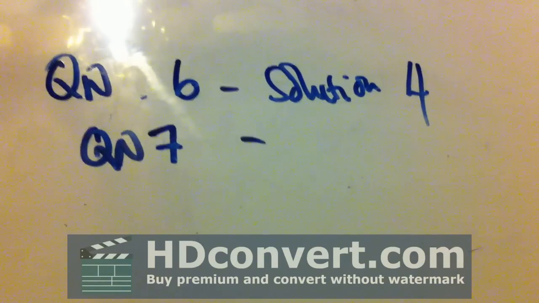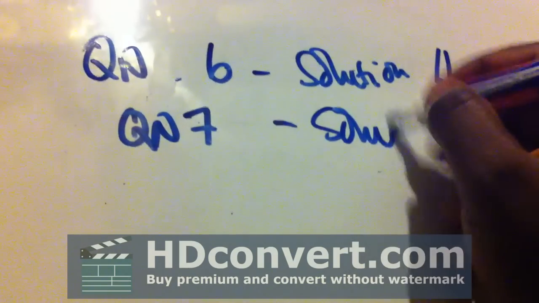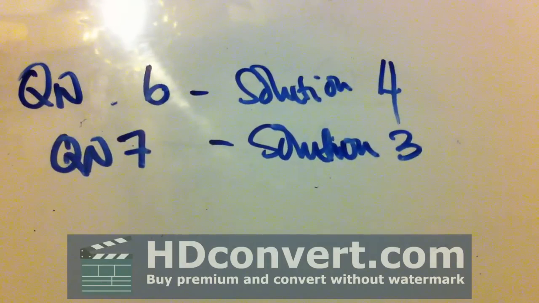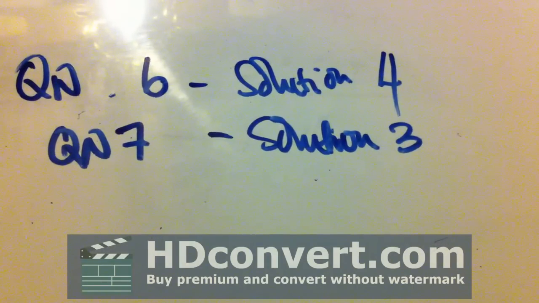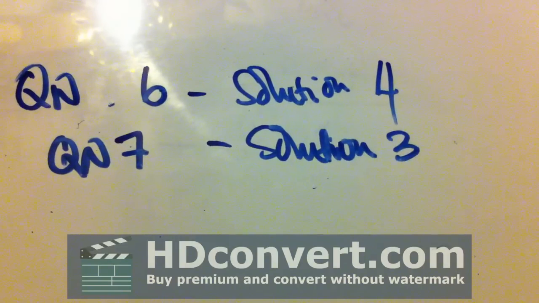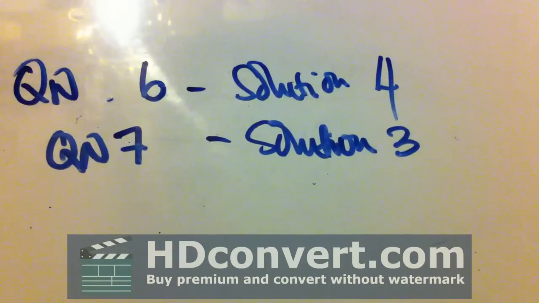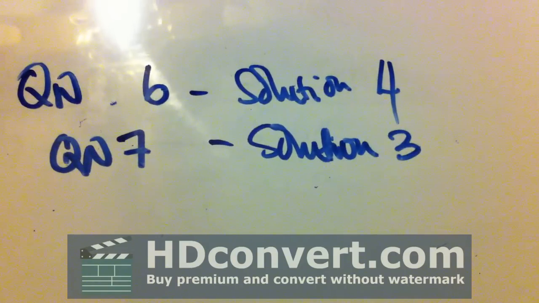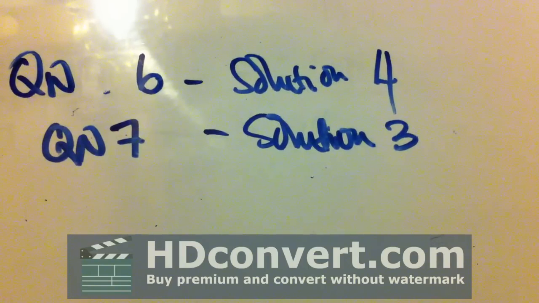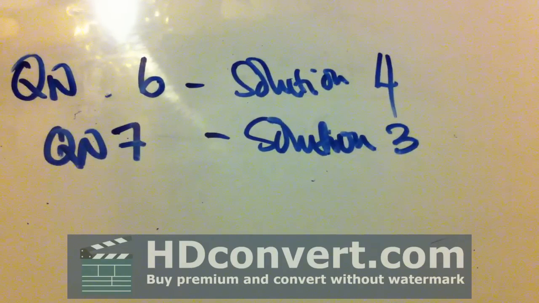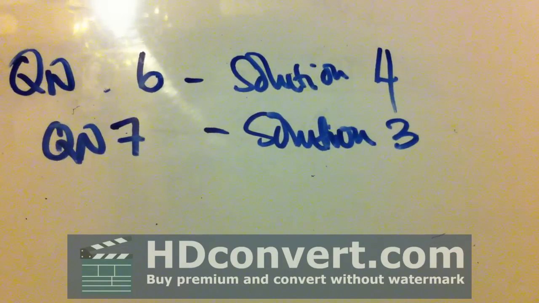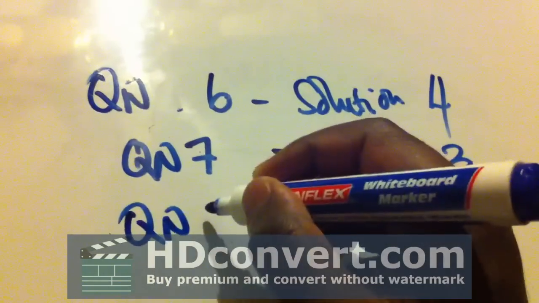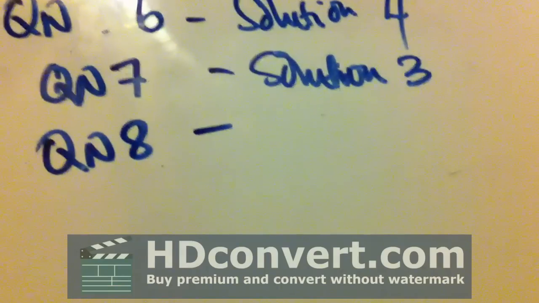So our solution is number 3. Solution 3, isn't it? Because our donations are there. They are reducing. Okay, let me look at this correctly. We're debiting our donations and then crediting our bank. No, that's correct. So then we go to question number 8.